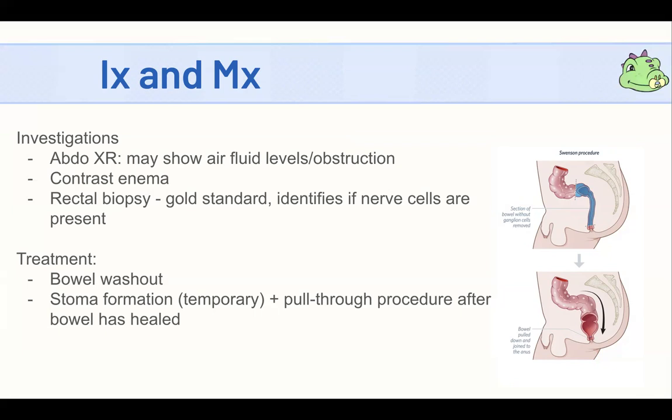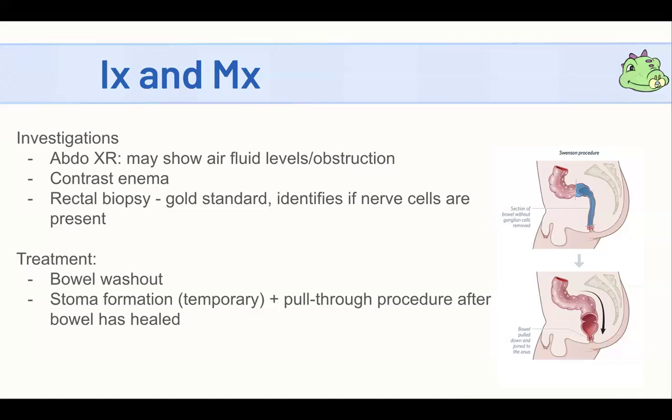And the treatment of it, so firstly, you'd want to do a bowel washout, and then the more long-term treatment would be firstly a stoma formation. So the stoma would mean that you're removing parts of the bowel that's affected, and then you attach the bowel to a stoma. And that's a temporary thing that you do, and you wait for that to heal.